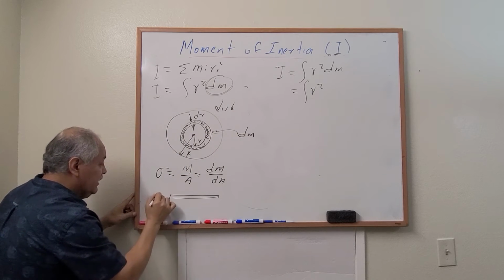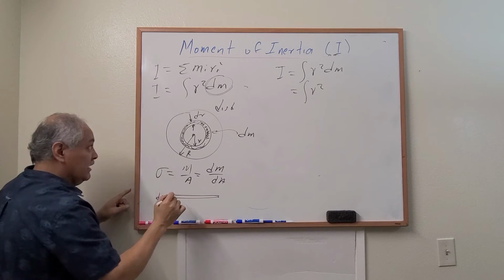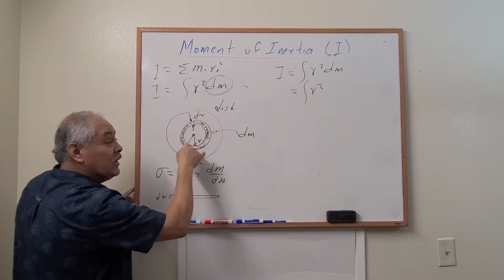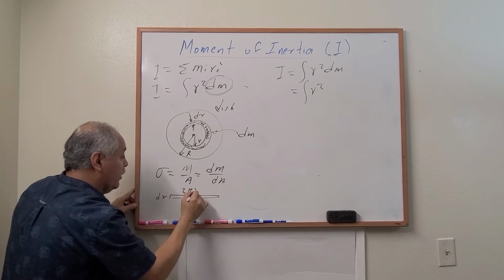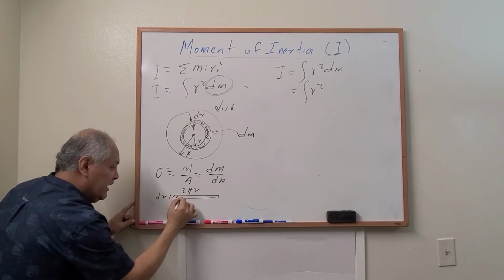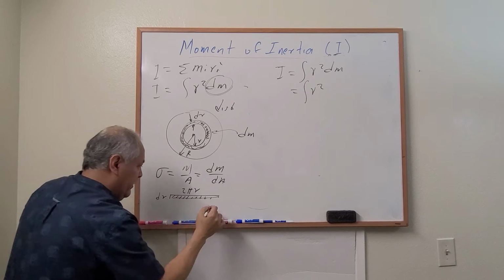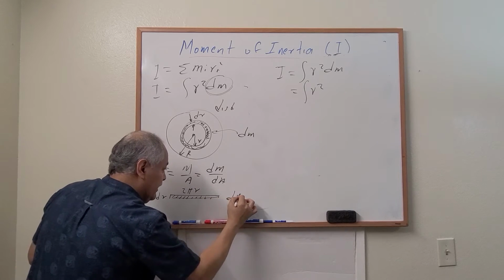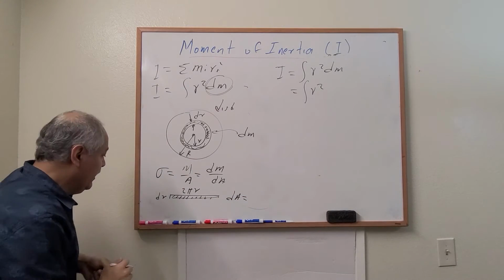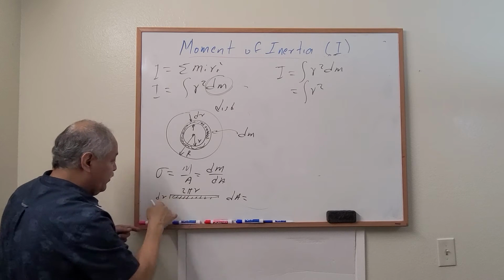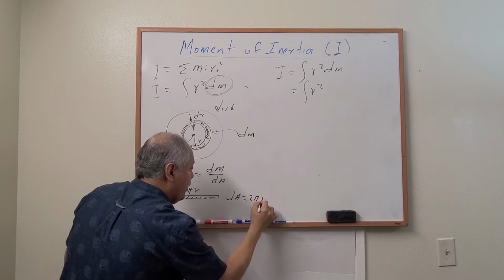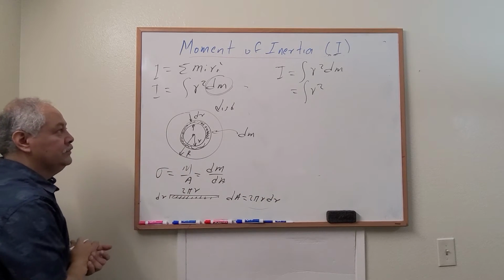This side is the r, and the length is going to be the circumference, which is 2 pi r. Now, what should be this area? This area is my dA, the element of area, equal to this product, 2 pi r dr. Correct?